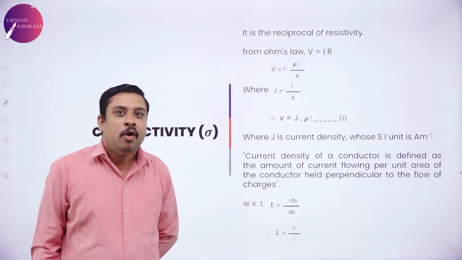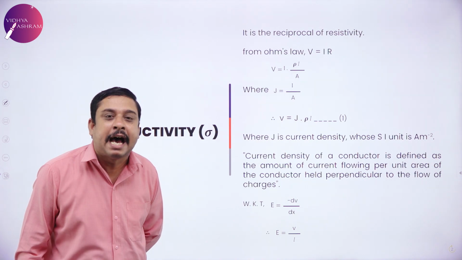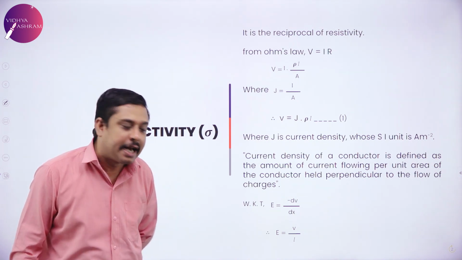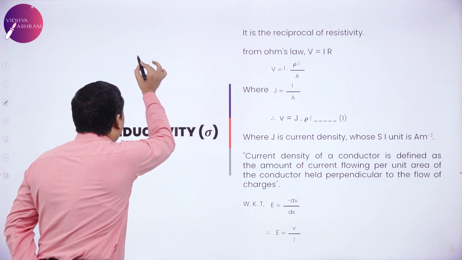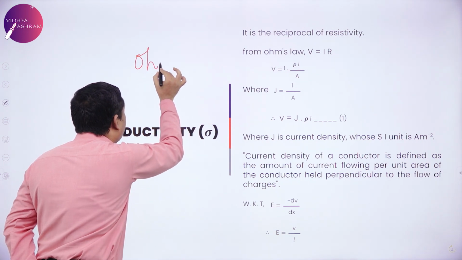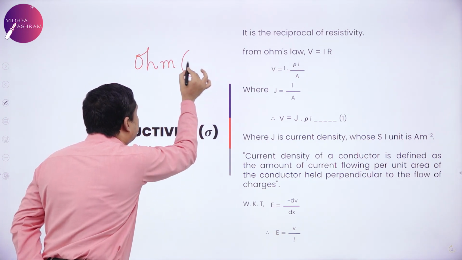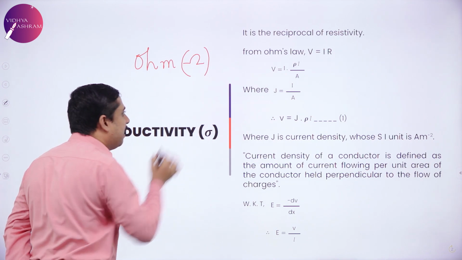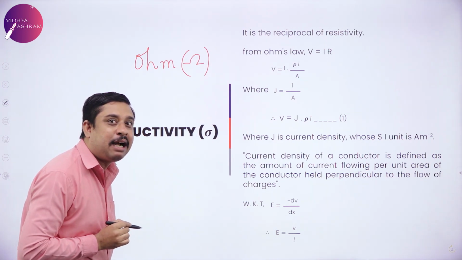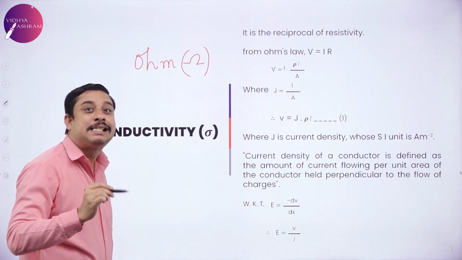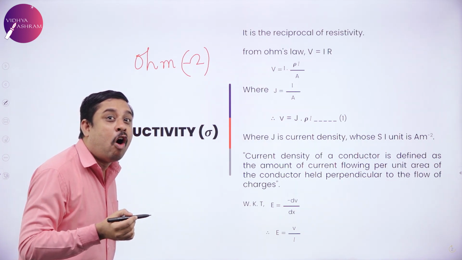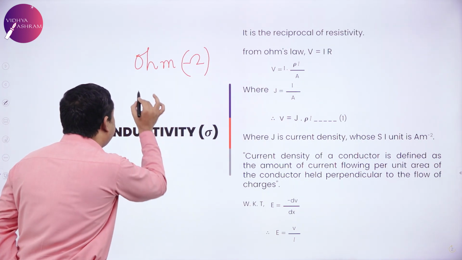Now, what was the SI unit of resistance? Beautifully we wrote ohm with this symbol. What was conductance? It was the reciprocal of resistance.